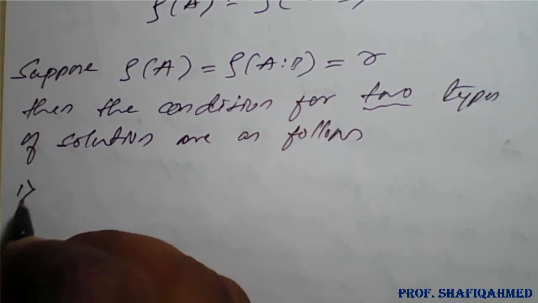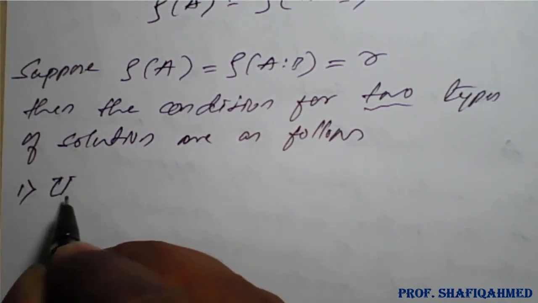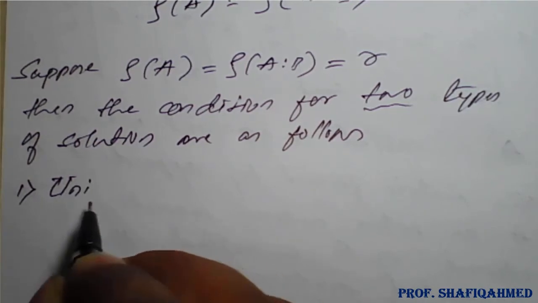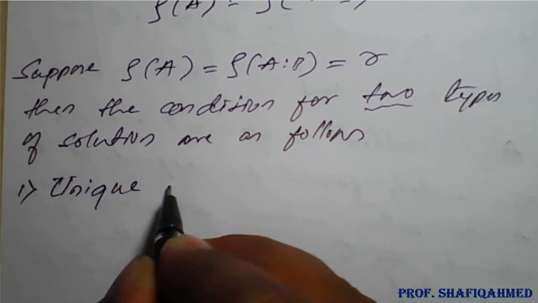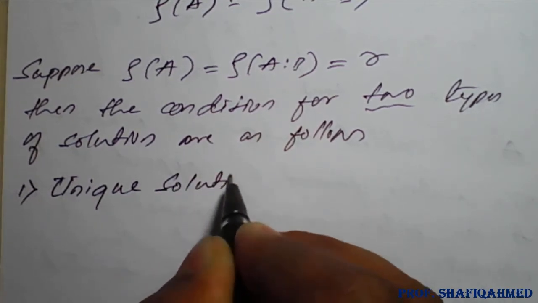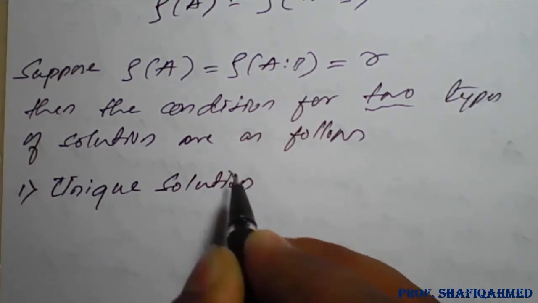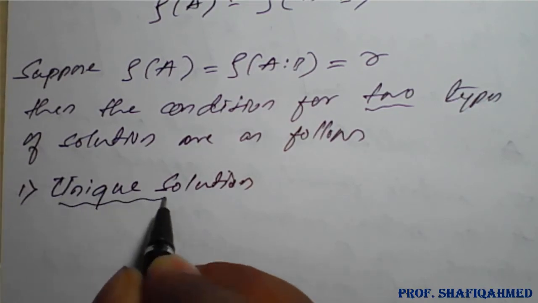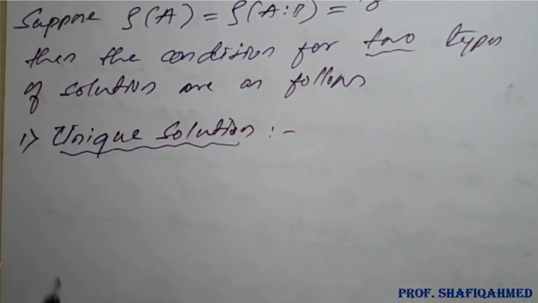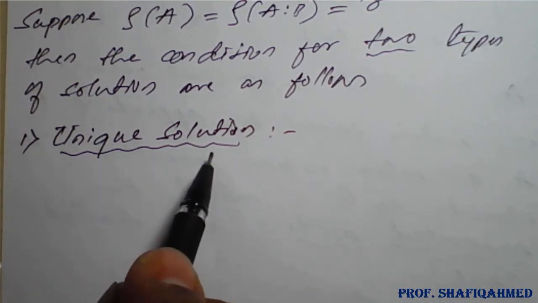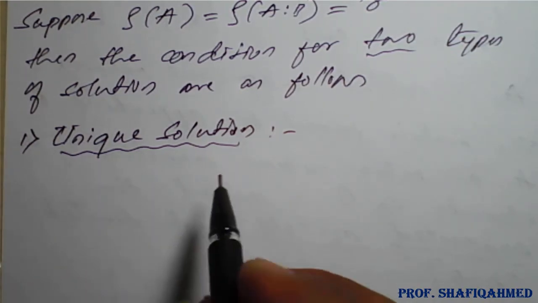So the first one is unique solution. I told you already, if it is consistent, a unique solution is also possible. So when is it called a unique solution? If it is a unique solution, what is the condition here?